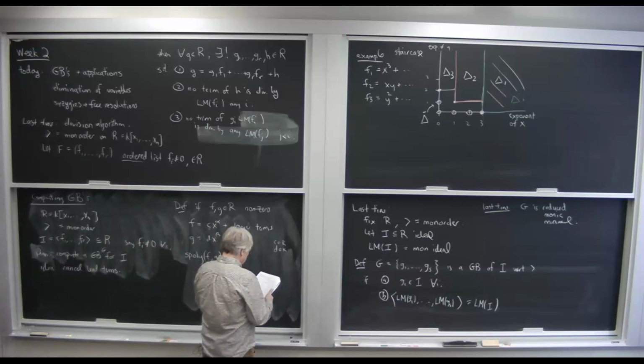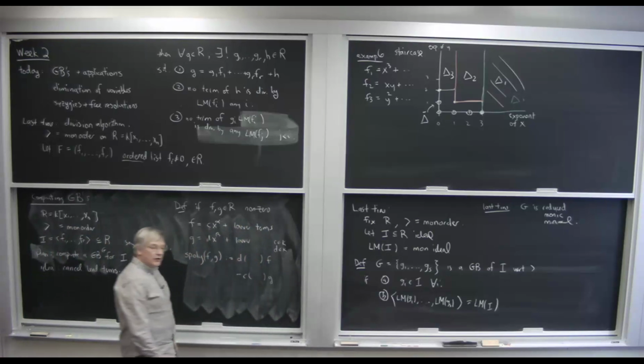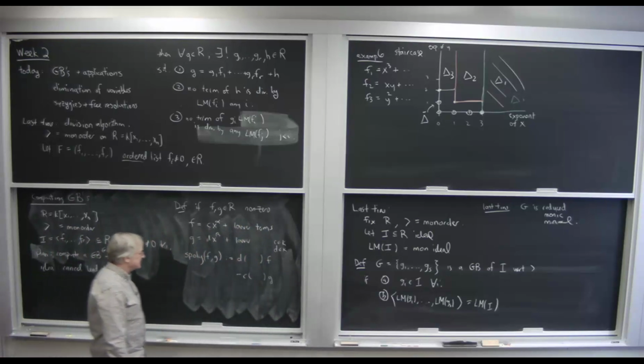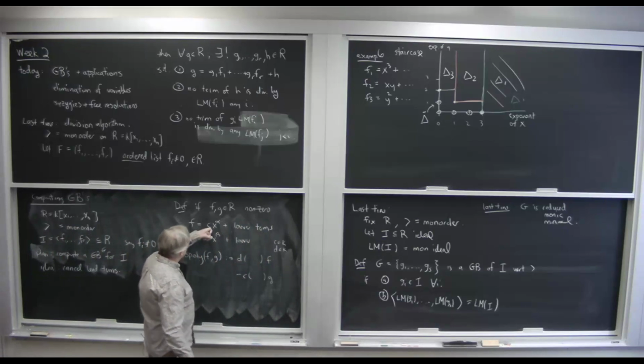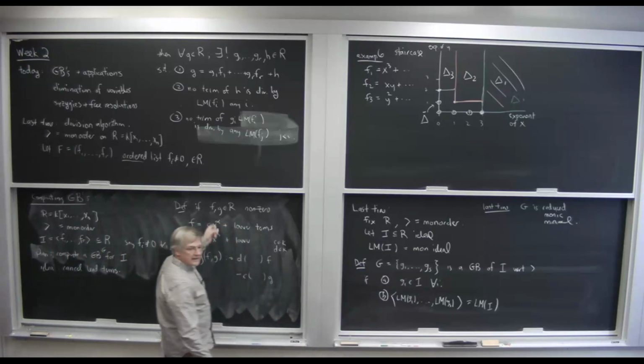This is going to be D times some monomial, which I'll have to say, times F, minus C times some monomial times G. What should the monomials be? Somehow we want to go up to the least common multiple of these things, right? So it's really the least common multiple divided by that thing. There's another way of writing that down. So we want this to be the minimal one that cancels.